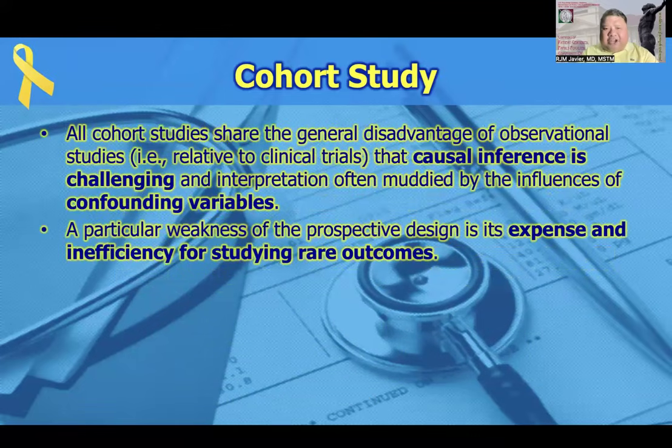All cohort studies share the general disadvantage of observational study designs that causal inferences would be challenging because there could be the power of confounding variables. A confounding variable will also be discussed in the future when you go to sophomore year under the lecture on bias and confounders.